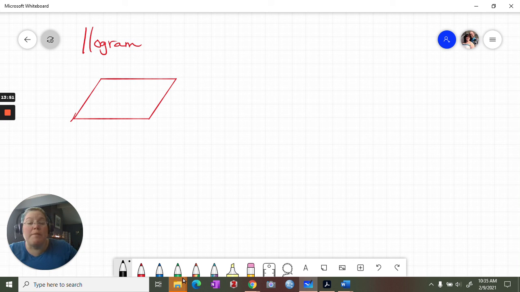We know that a parallelogram, by definition, has two sets of parallel sides. And then we have additional characteristics. Those characteristics are not only are my opposite sides parallel, but they are congruent.